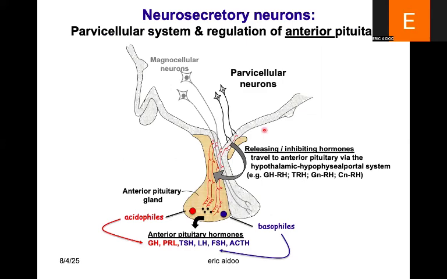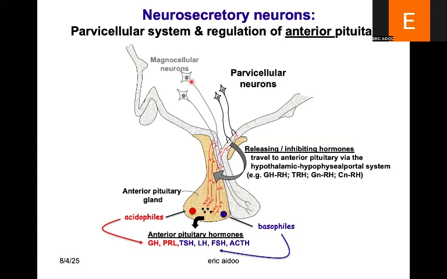So this is what we are talking about. For the parvicellular system, these neurons located in the hypothalamus will bring their product and give it to the blood, in red, and then the blood will bring it to the destination at the anterior pituitary.